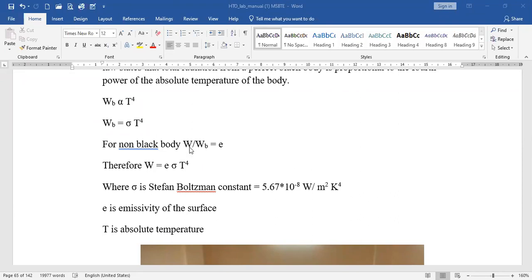When it is only W or E, then it is the emissive power of non-black body. When WB or EB is there, then it is the emissive power of black body. So the ratio of the emissive power of non-black body to the black body is the emissivity. So it is derived in the Kirchhoff's law.